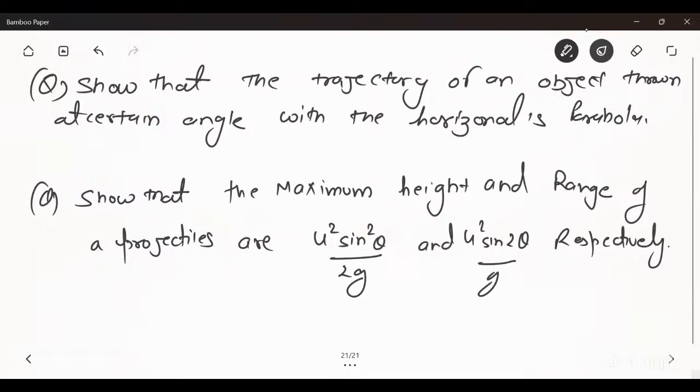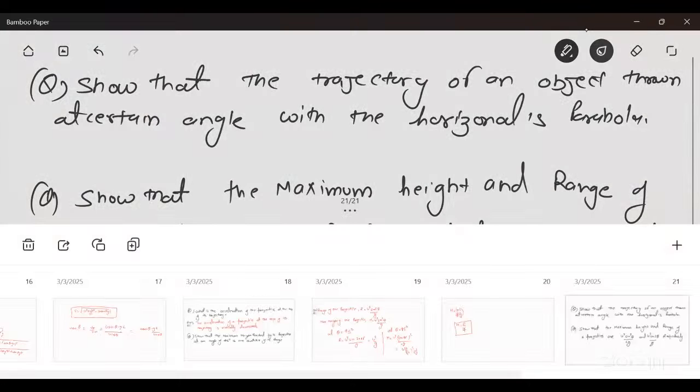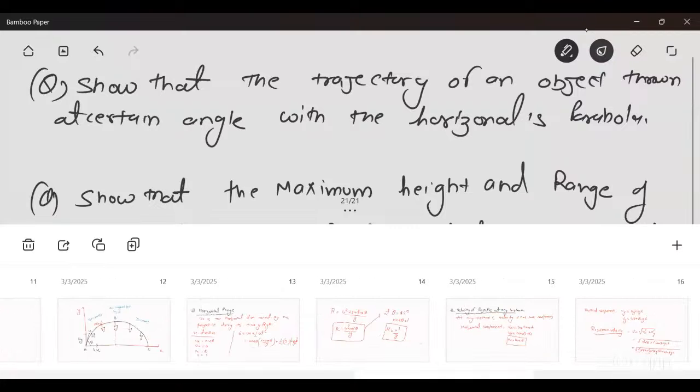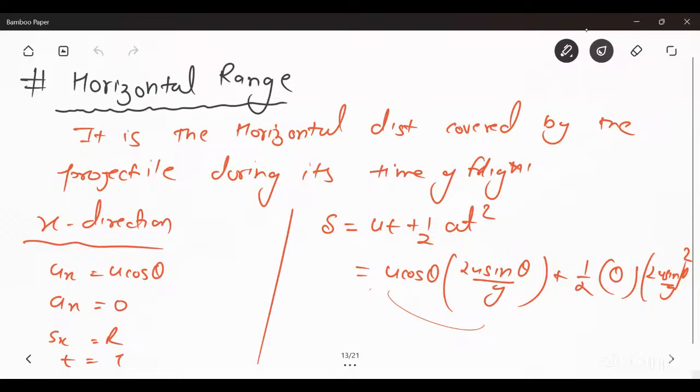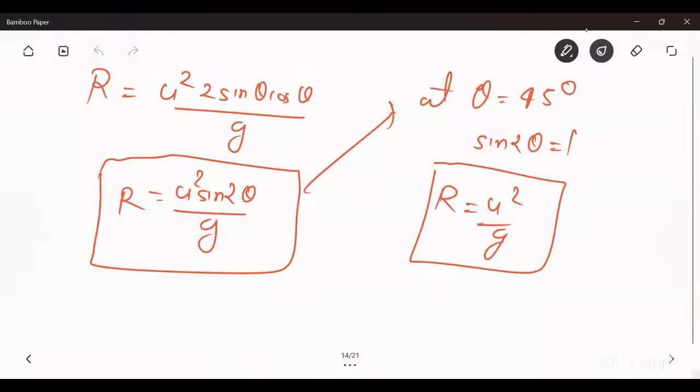So these two are also proven by me in the previous slides, the horizontal range and the expression for maximum height. For the horizontal range, we have considered the motion in the x direction, and we have taken ux is equal to u cos theta, and acceleration in the horizontal direction is always zero. On putting, we will get R is equal to u square sine 2 theta by g.